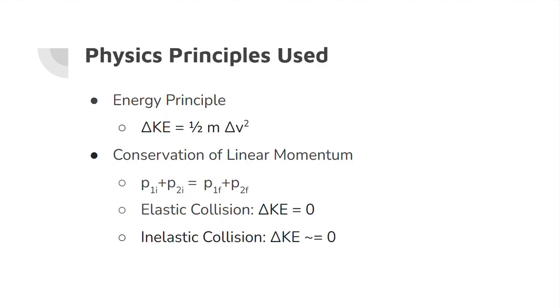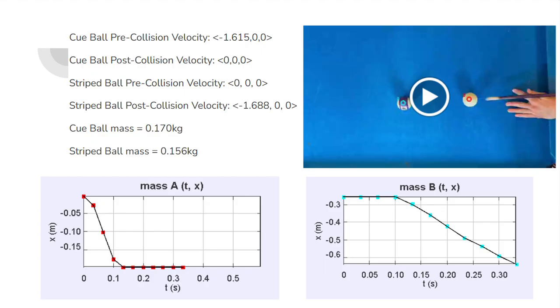So the physics principles that I used was the change in kinetic energy is equal to 1/2 m delta v, and then also the conservation of linear momentum is that the sum of the initial momentums is equal to the sum of the final momentums, and that's if it's elastic. So if it's elastic, that should be true, and the kinetic energy should be zero. If it's inelastic, the change in kinetic energy should not be zero.